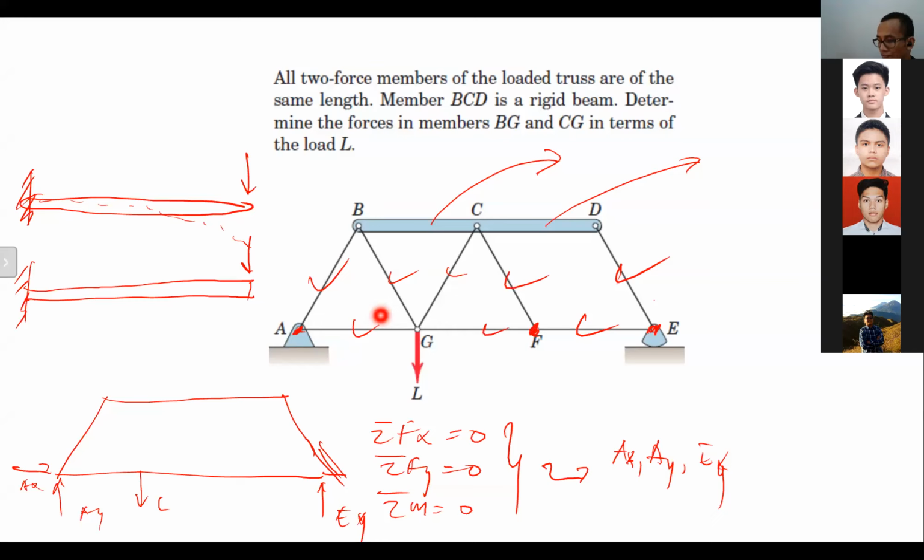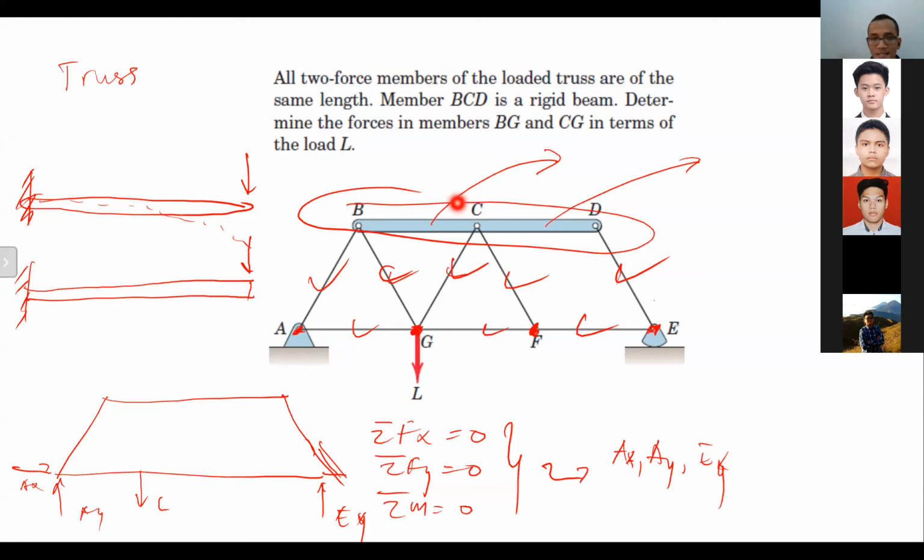Then joint E to solve for this and this. Yes, we can solve it. So basically, this one is still a truss problem, but you cannot treat BCD as a truss because BCD is a rigid beam.